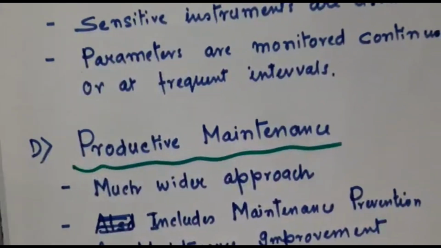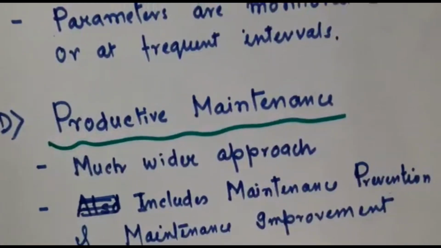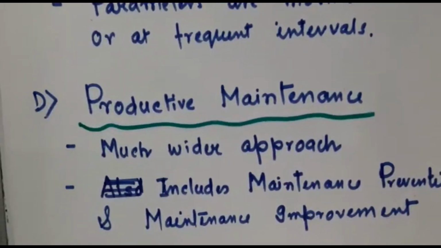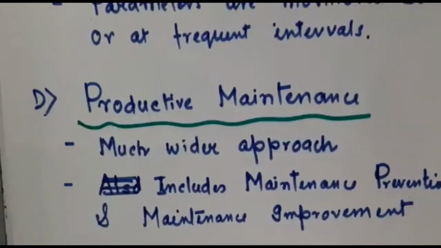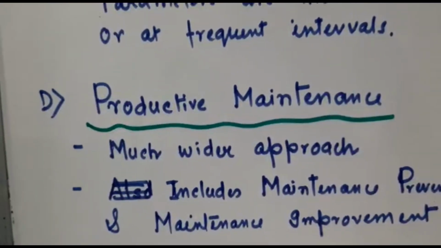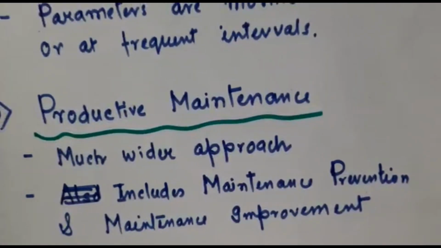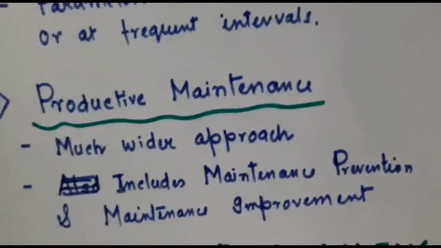Next is productive maintenance. Productive maintenance is a much wider approach compared to preventive or breakdown maintenance. It does not deny breakdown or preventive maintenance, but it includes maintenance prevention and maintenance improvement.